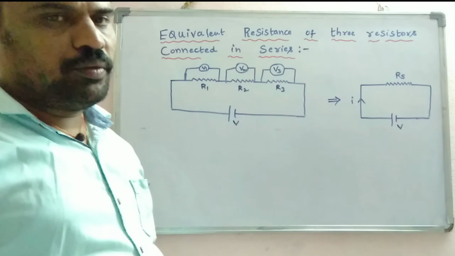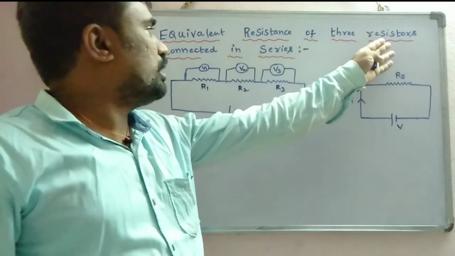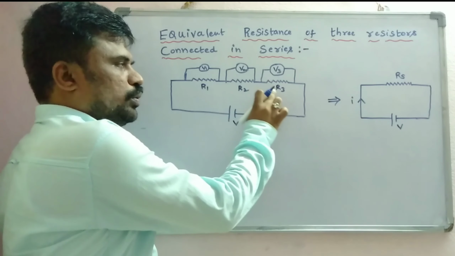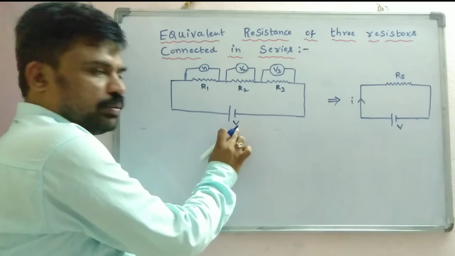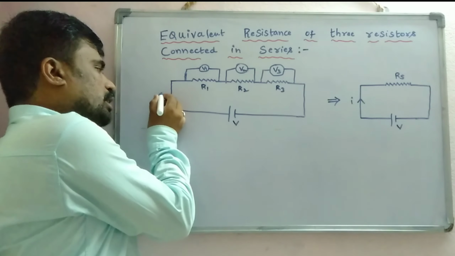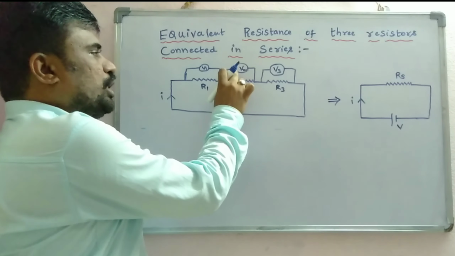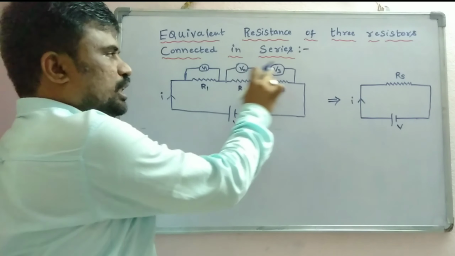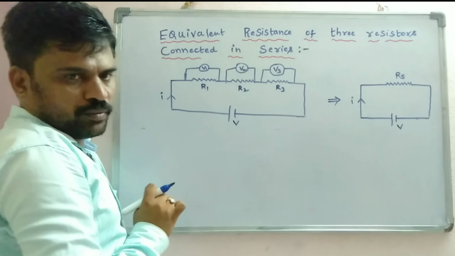Now let us derive a formula for equivalent resistance when three resistors are connected in series. Now look at the diagram carefully. Here three resistors R1, R2, R3 are connected in series and it is connected to a battery of voltage V. And let I be the current passing through the circuit and V1, V2, V3 be the potential differences across R1, R2 and R3.